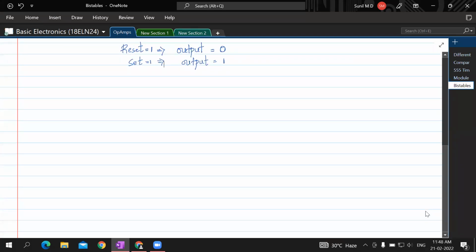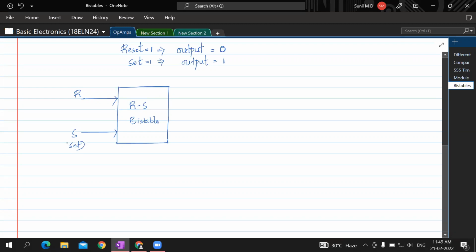Now, if you see the block diagram of RS bistable, it looks like this. Everybody should understand this. This is the block diagram of RS bistable. It has got two inputs, let's say one is reset, the other one is set.